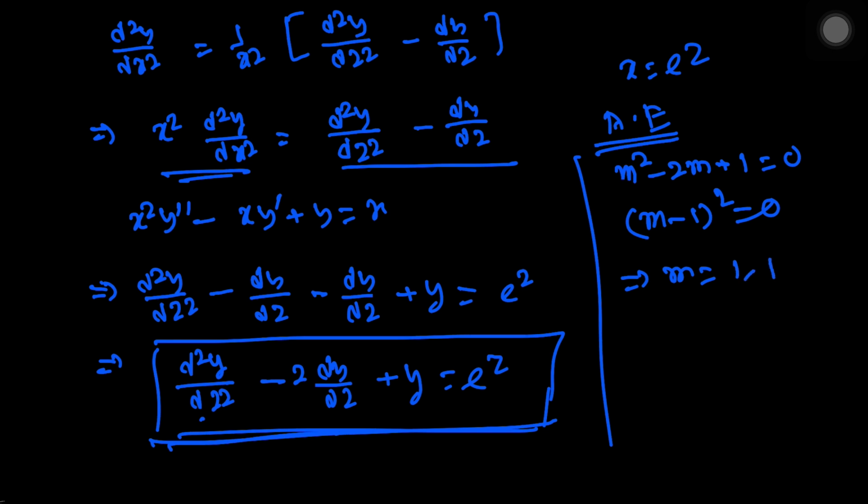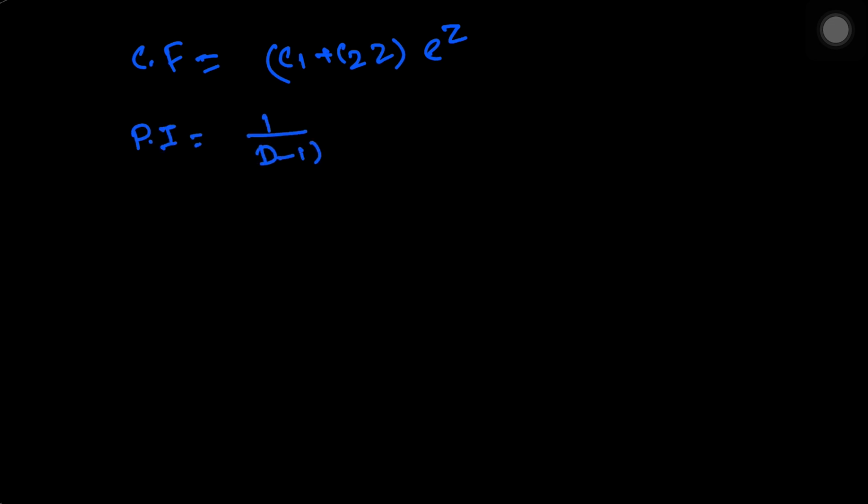So the complementary function becomes (c1 + c2 z) e^z. Now we have to find the particular integral. So the particular integral will be 1/(D - 1)² e^z, where D = d/dz.